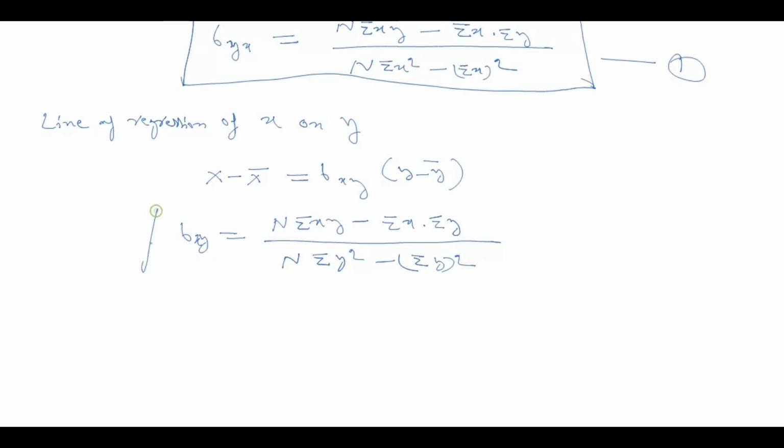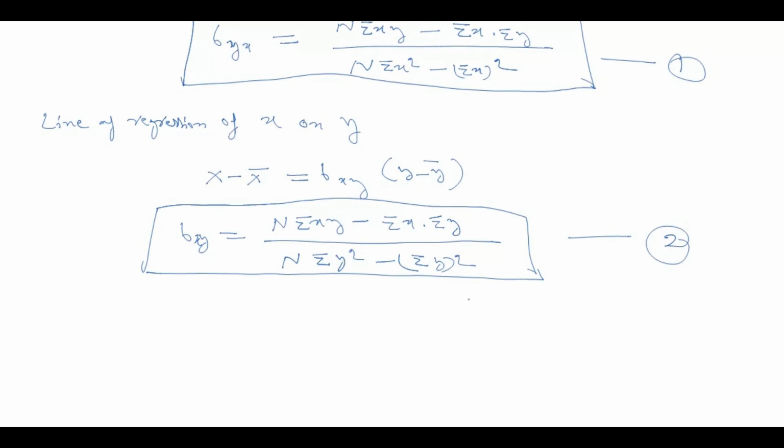So we have simply changed the x to y and y to x. This is the regression equation of x on y, right? So now let us see one solved example, and then we will code it using Python.